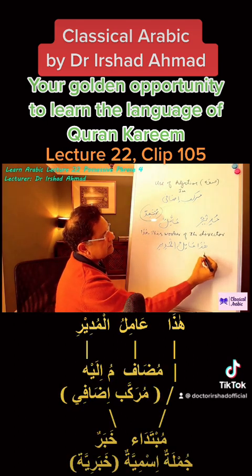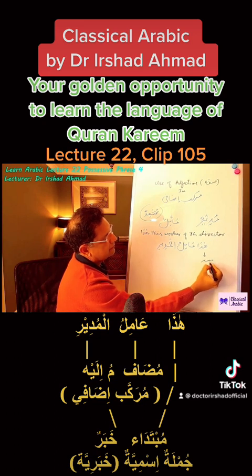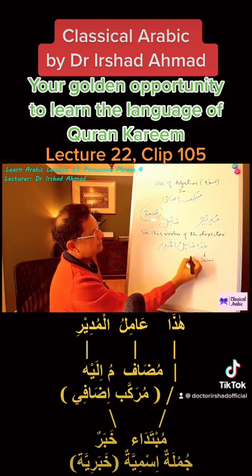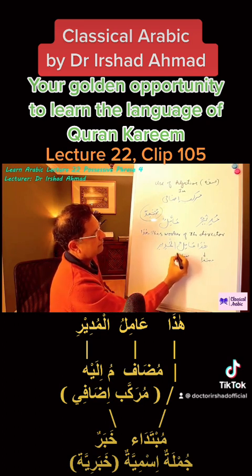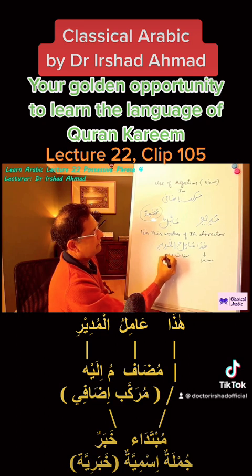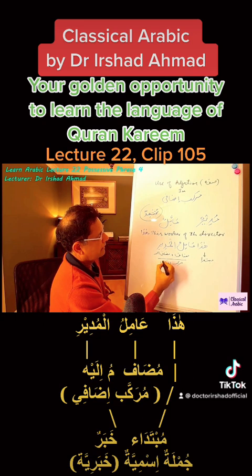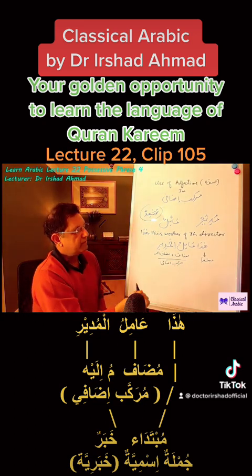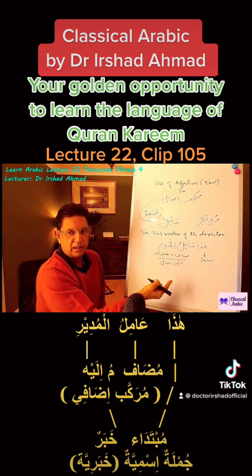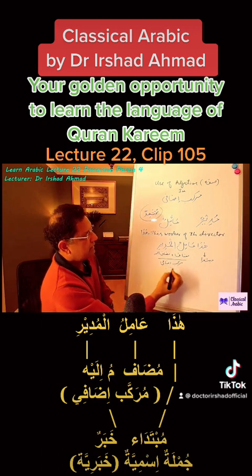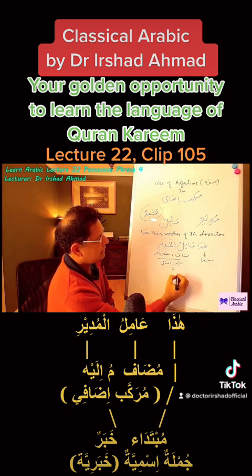So at this place it will become mubtada, and this will remain murakkab idafi, so this will be mudaf, and this is mudaf ilayh, and then this makes murakkab idafi, and we know from the previous video that we can use murakkab idafi both at the place of mubtada as well as at the place of khabar. So in this particular example, this will become our khabar.